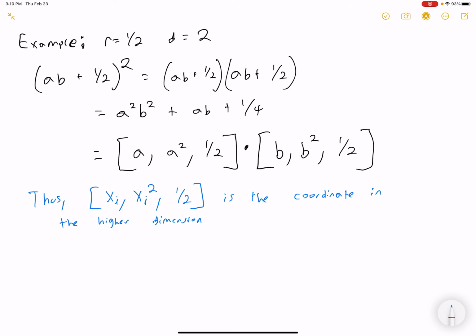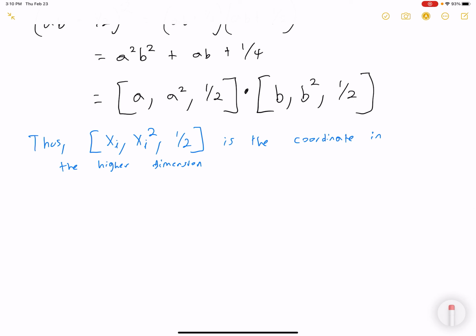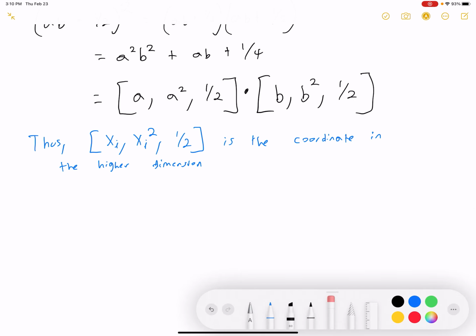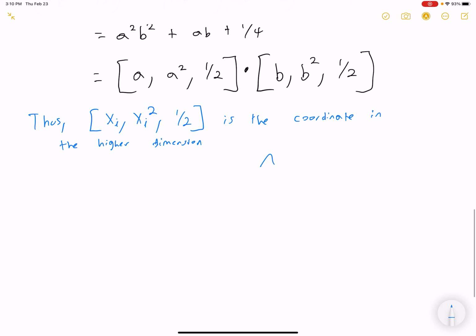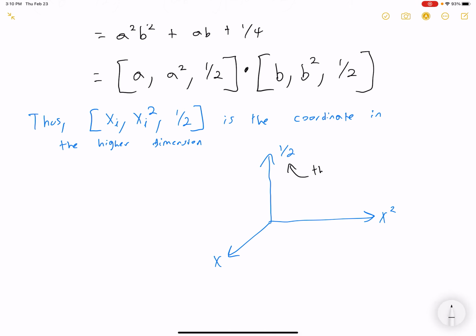To see that visually, the new coordinate space that we never actually have to convert our data into is similar to what I showed before, but 1/2 is a constant, so we could ignore it. This dimension is a constant.